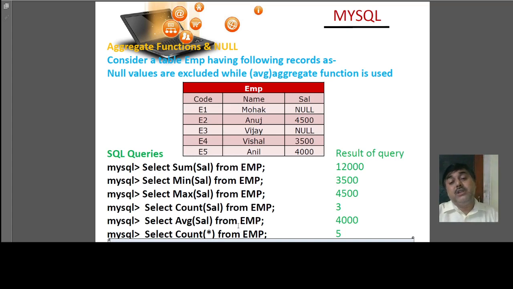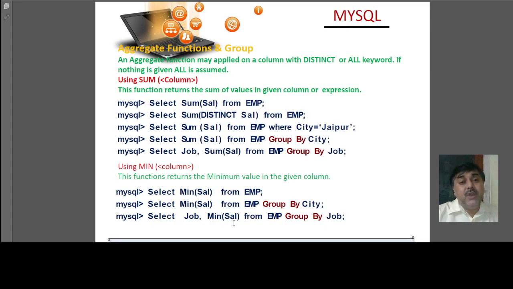Asterisk means all the values, isn't it? Now we can use SUM, like SELECT SUM salary FROM employee; SELECT SUM DISTINCT salary FROM employee; SELECT SUM salary FROM employee WHERE city equals Jaipur. With GROUP BY city; SELECT job, SUM salary FROM employee GROUP BY job.